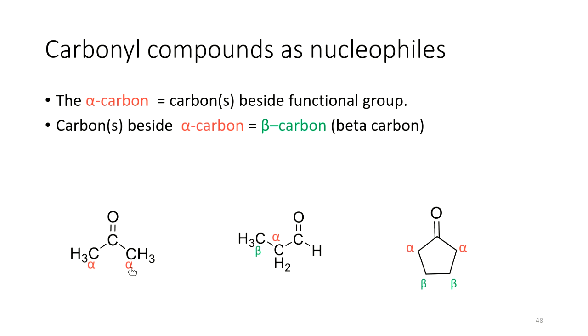And then any carbon beside an alpha carbon is going to be the beta. So in the Greek alphabet is what? Alpha, beta, gamma, delta, epsilon, etc. So alpha is the one beside the functional group, and what is beside the alpha is known as the beta. So if we look at our third example, it has 2 alpha carbons, and it also has 2 beta carbons as well. All right, so now that we know the terms, let's apply them.